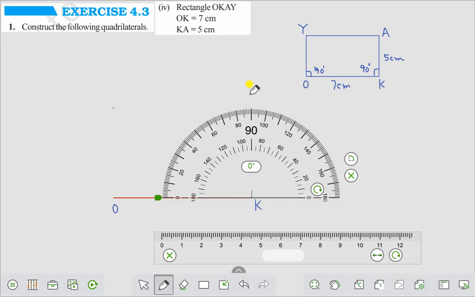Right? Now draw this line with the help of the ruler.